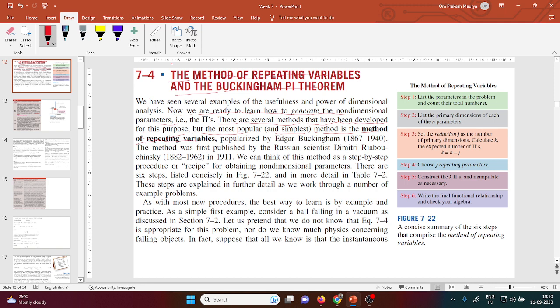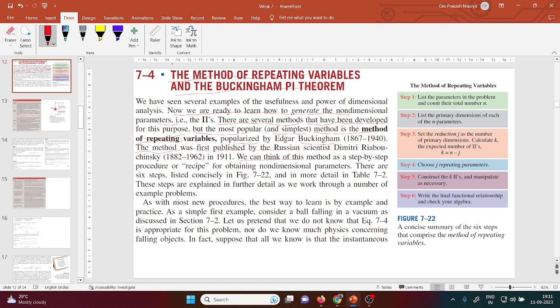This method was popularized by Buckingham, so we know it as the Buckingham Pi theorem, but it is nothing but the repeating variables method. The method was first published by a Russian scientist.